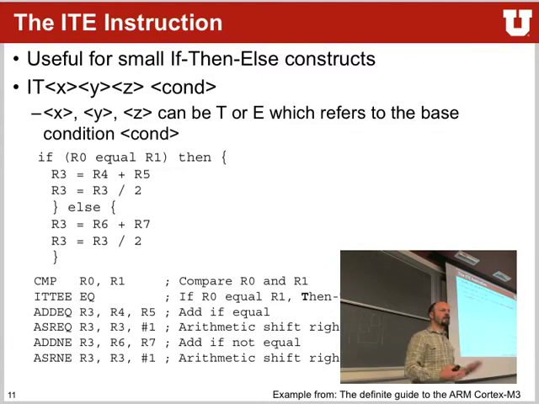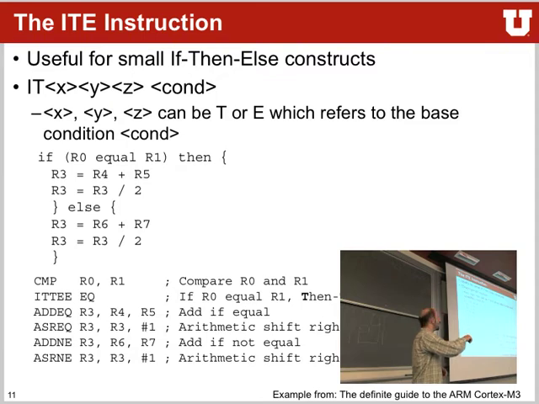So when is this useful? Well, oftentimes if you program in C, you have something like this, right? Where you say, if R0 is equal to R1, then you want to execute this, or else you want to execute this. Now, instead of having to branch and jump around in your code, in ARM assembly, you can write this as compare R0 to R1, ITTEE equal.